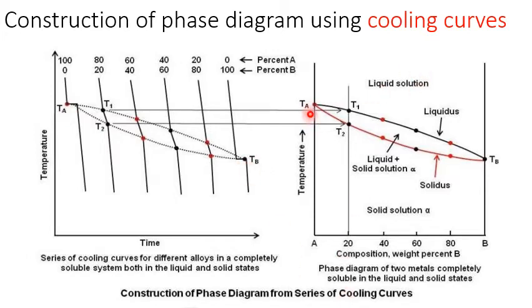Now once you join the melting point of A on the left, the melting point of B on the right, and all the start points of solidification, we call that line the liquidus line.